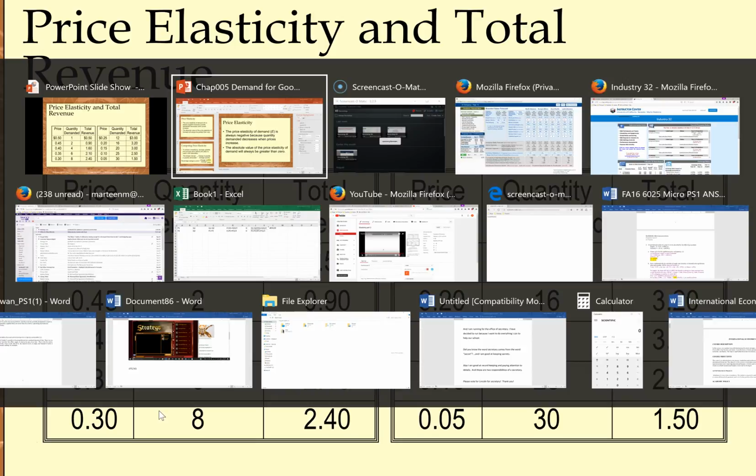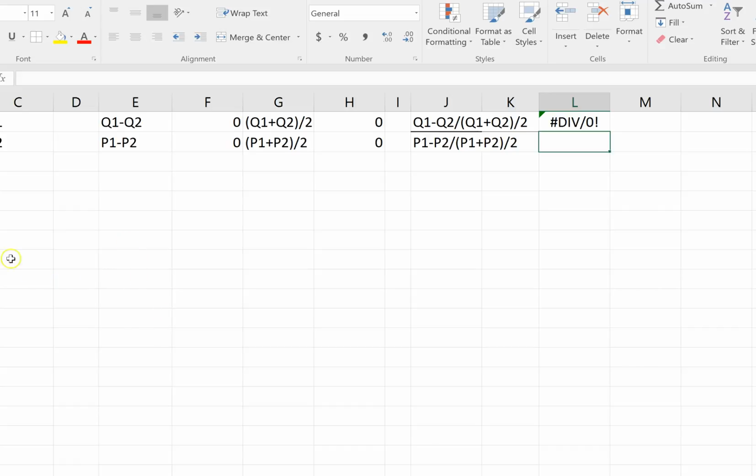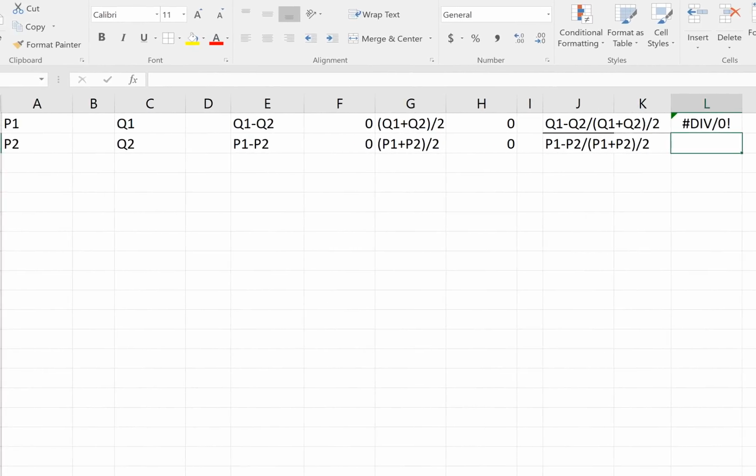Our P1, there we go. We need to make this a little bit bigger so you can see it. Our P1 is 0.35 and our Q1 is 6. Our P2 is 0.3 and our demand was 8.